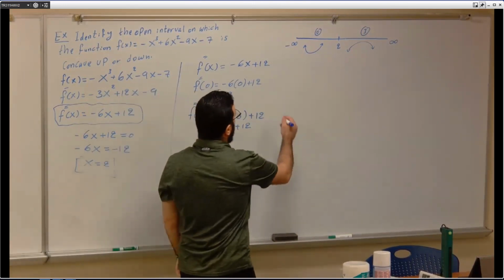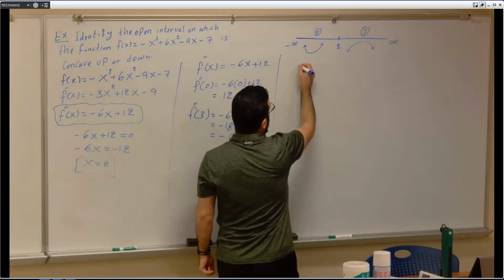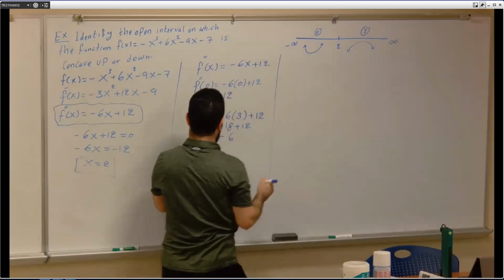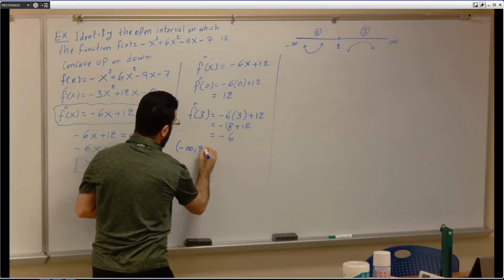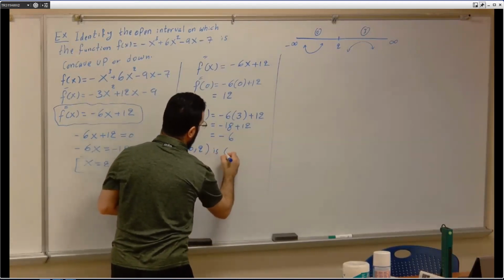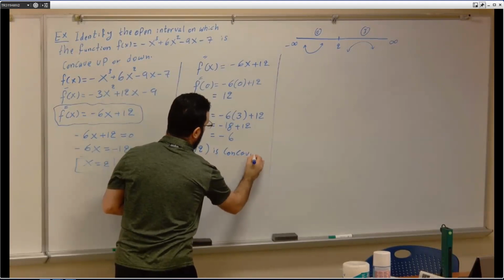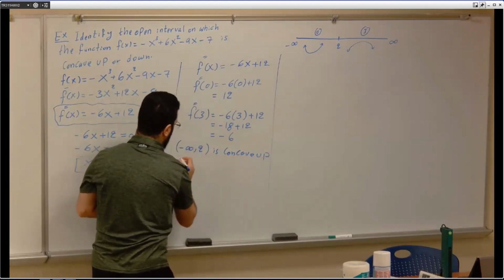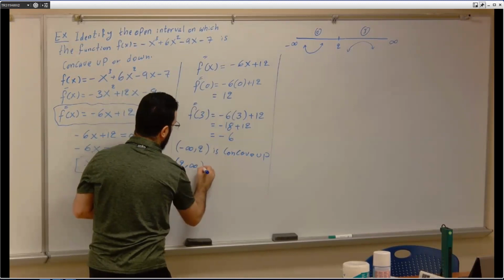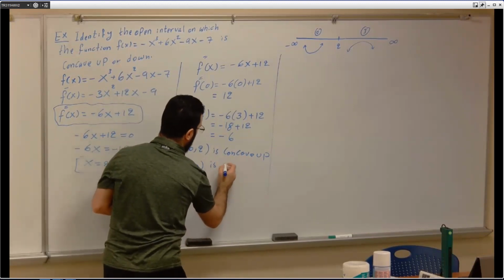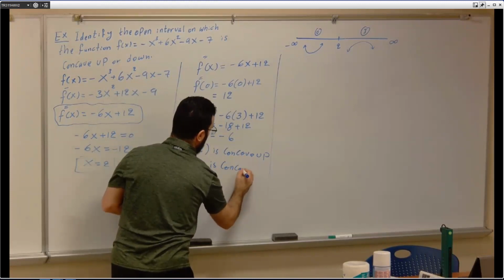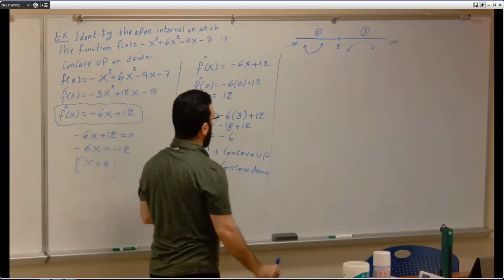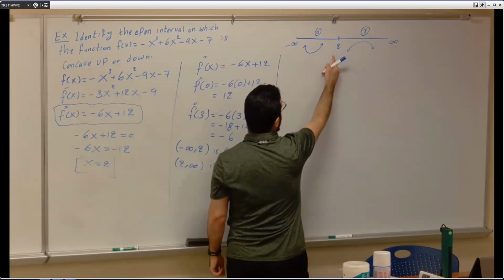To find the inflection points, first of all, we're going to write down: from negative infinity to 2 is concave up, and from 2 to infinity is concave down. Now it's an inflection point.